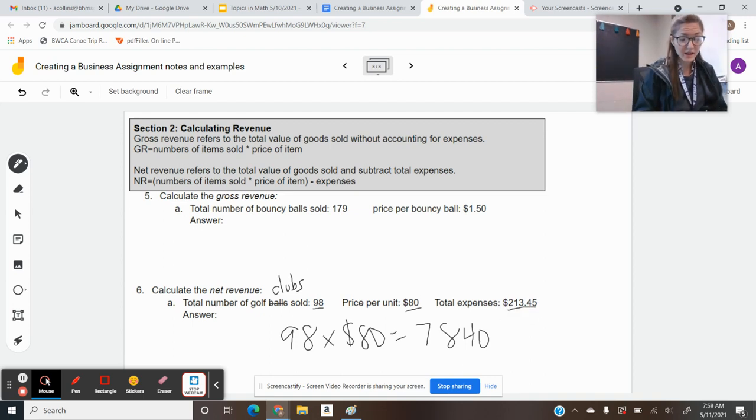The expenses in this case were $213.45. So we're going to subtract $213.45 from our gross revenue. And when we do that, we get $7,626.55. That's it. That's all you're doing for section 2.